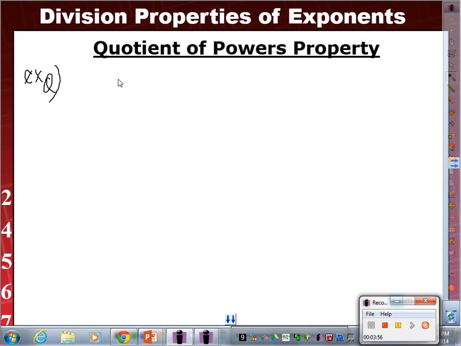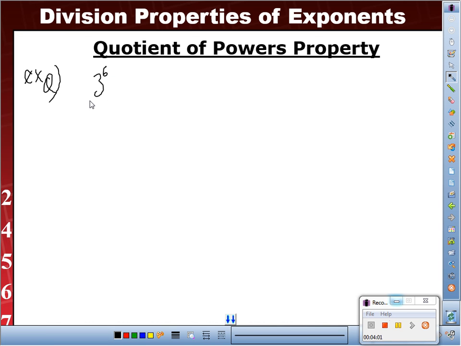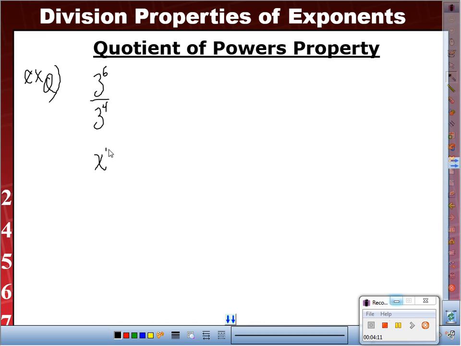Okay, copy these. We got 3 to the 6th power over 3 to the 4th power. Underneath that, I want you to write x to the 10th power over x to the 7th power.